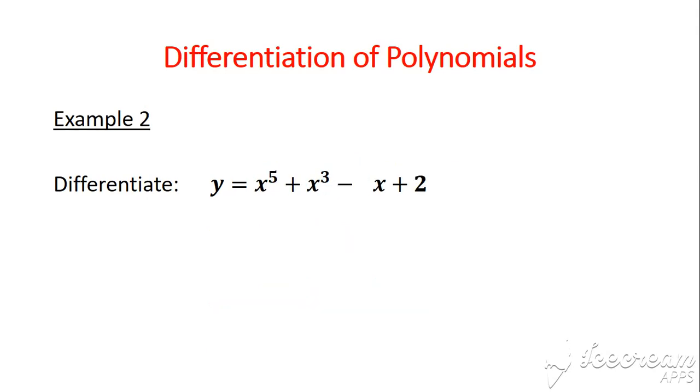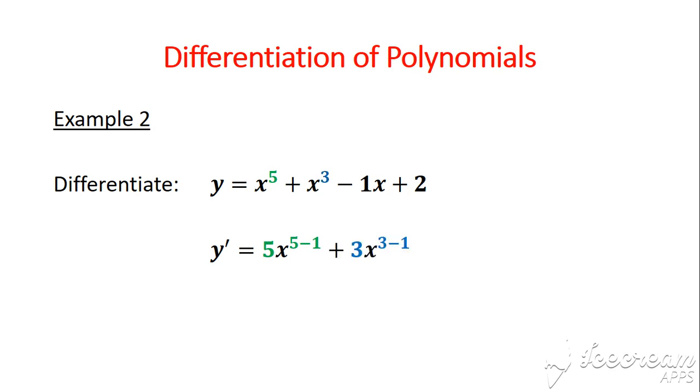Alright, example 2. Let's differentiate y is equal to x to the power of 5 plus x cubed minus x plus 2. Well, the first thing to think about is that minus x by itself is actually minus 1x. And now we're ready to differentiate. So the first term, the 5 will come out the front and we'll take 1 off the power.